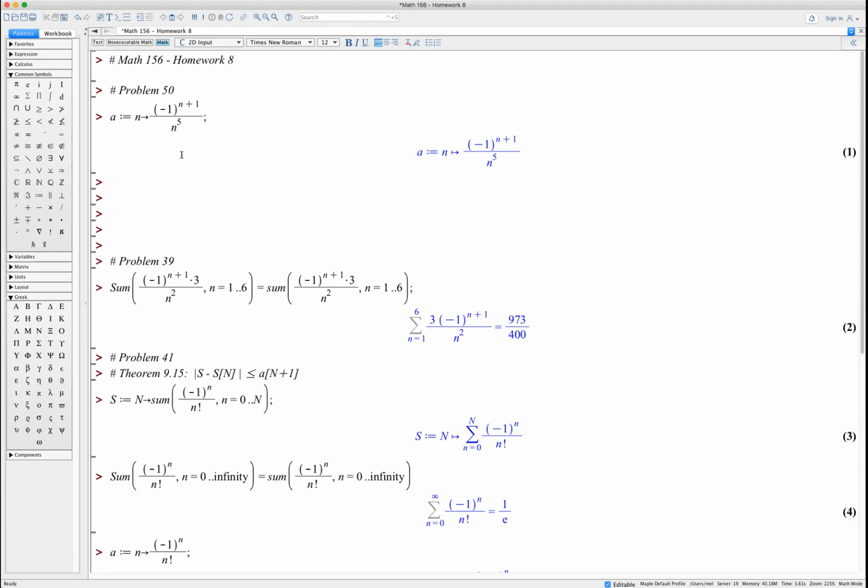So we want to find n such that a n plus 1 is less than 0.001. So let's try and do it like this. For n from 1 to, I don't know, let's go up to 6, do.